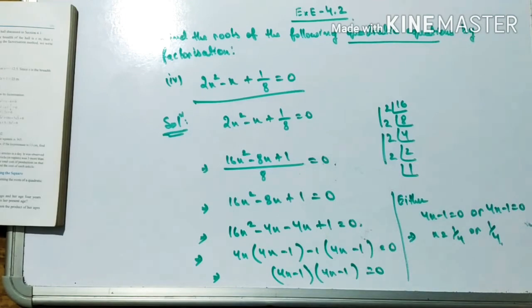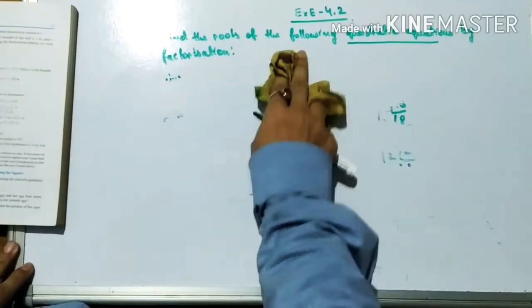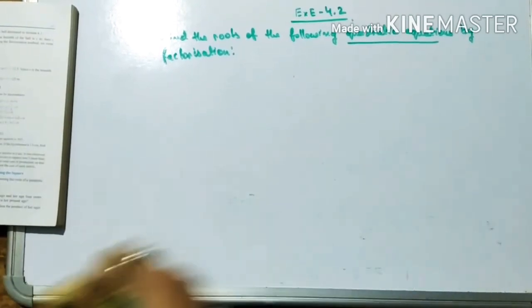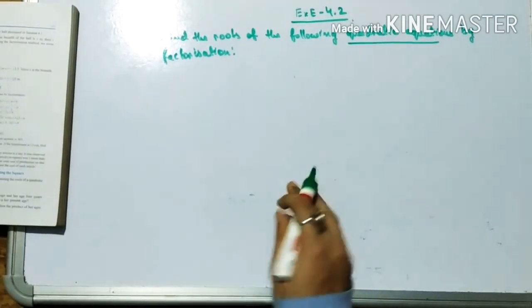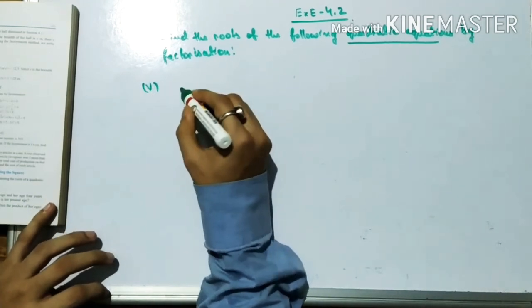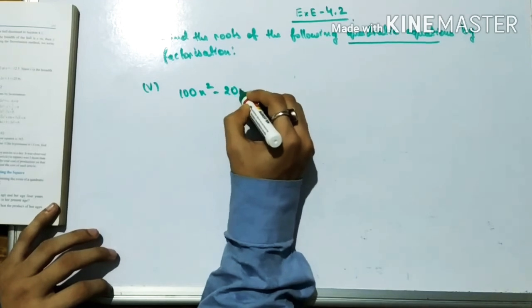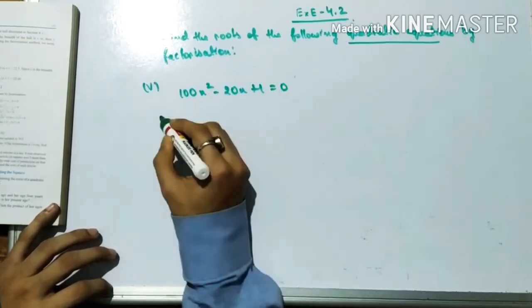Okay, next I will go to question number 5. 100x square minus 20x plus 1 equals to 0.